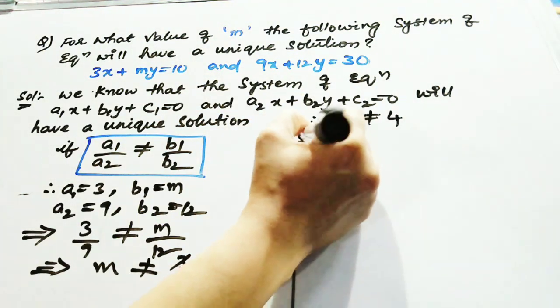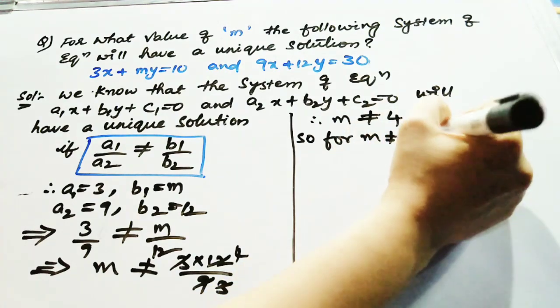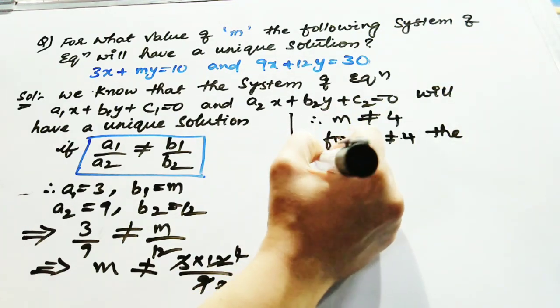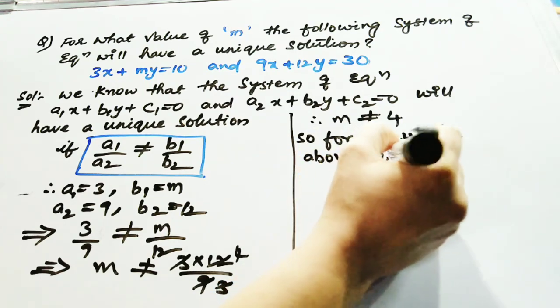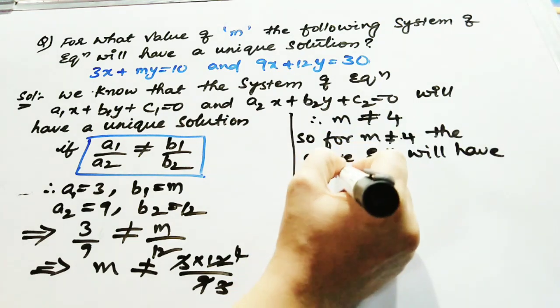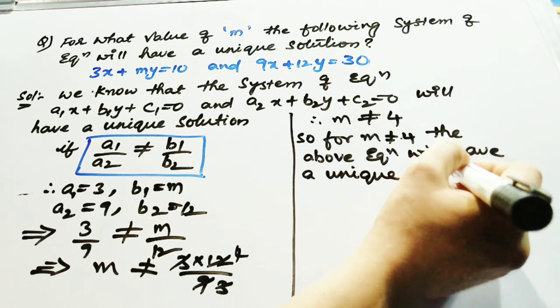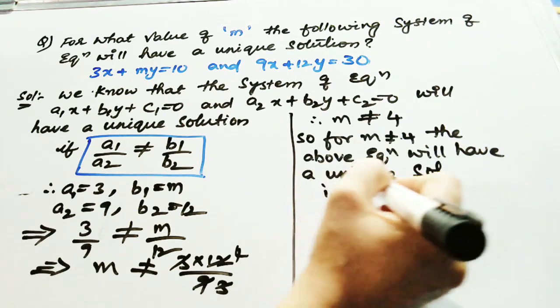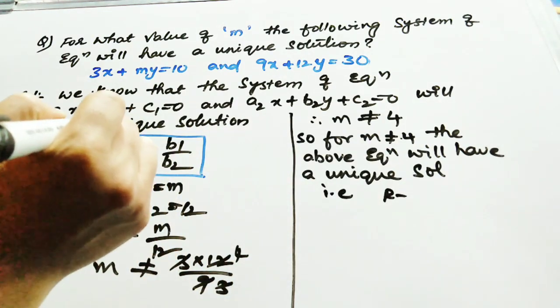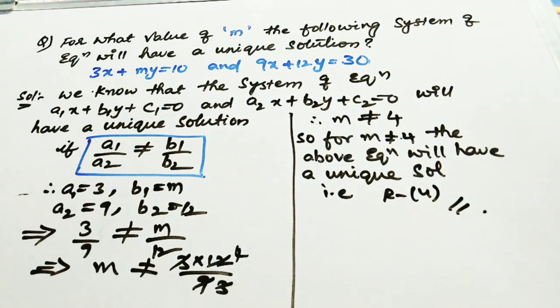So for m not equal to 4, the above equation will have a unique solution. That is, for every value of m except 4, it has a unique solution.